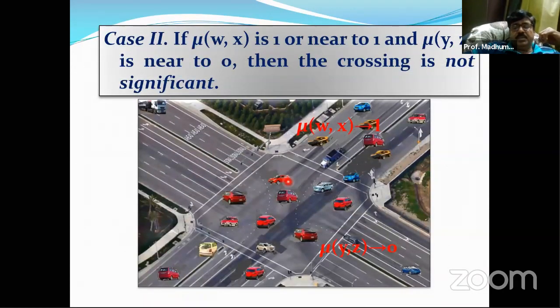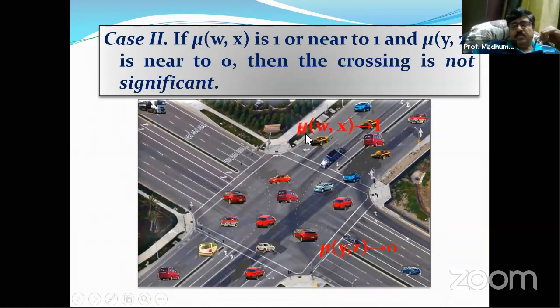And if you consider this type of roads, there is also a crossing. This one is a crowded road. A lot of vehicles are moving along this road. And this is another road, the YZ road, which is free from any crowd. No vehicles are running on this road. So the degree of crowdedness of the road YZ tends to 0.